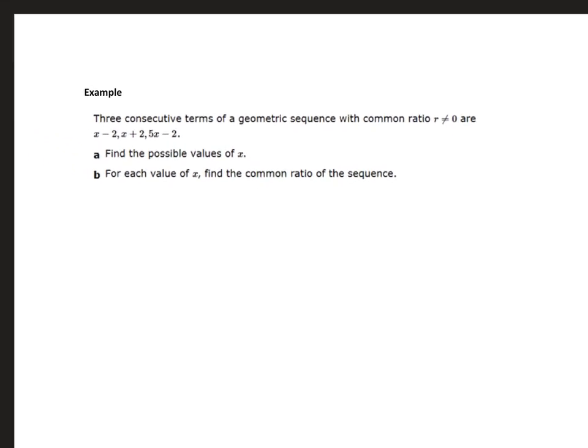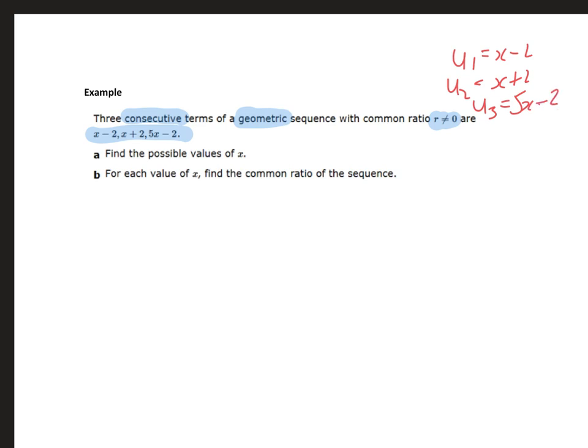Okay, here's another one. So 3 terms of a geometric sequence, or 3 consecutive terms, so it's 3 terms after the other. Common ratio is not 0, x minus 2, x plus 2, 5x minus 2. So I could write them as u1 is x minus 2, u2 is x plus 2, and u3 is 5x minus 2.